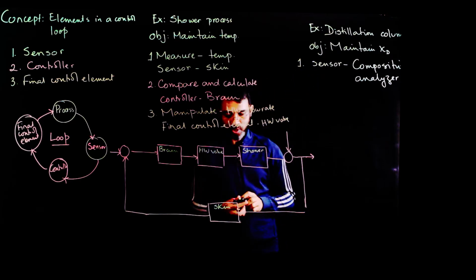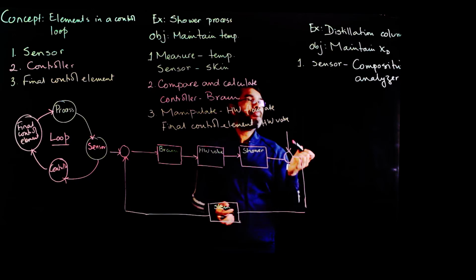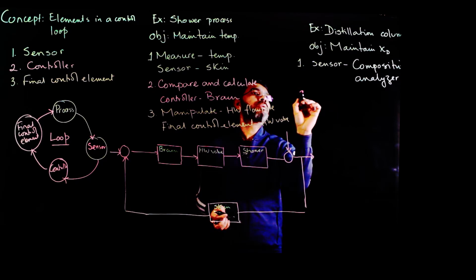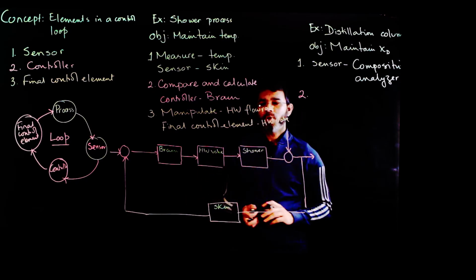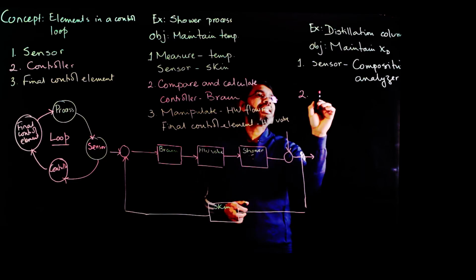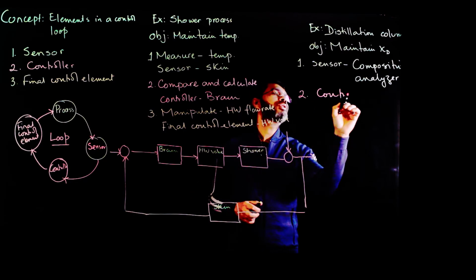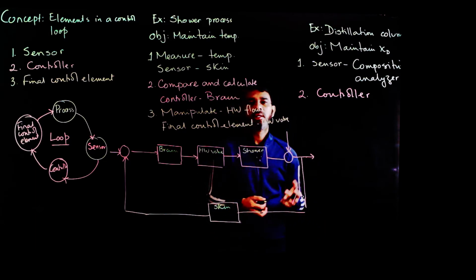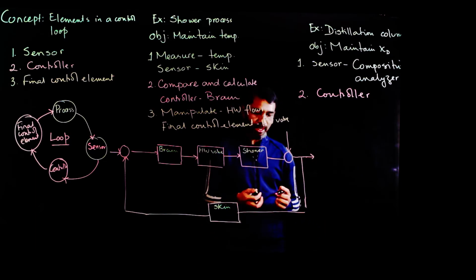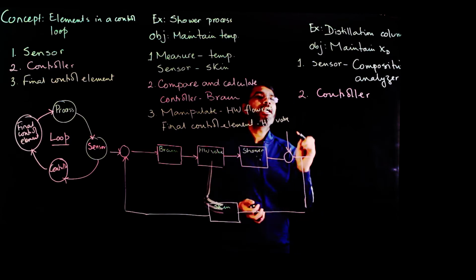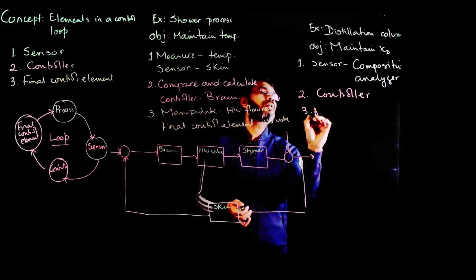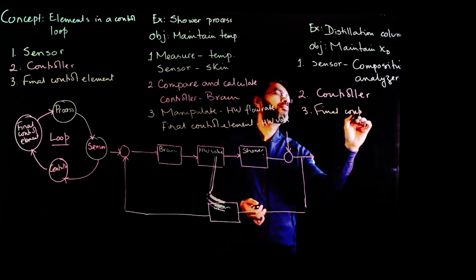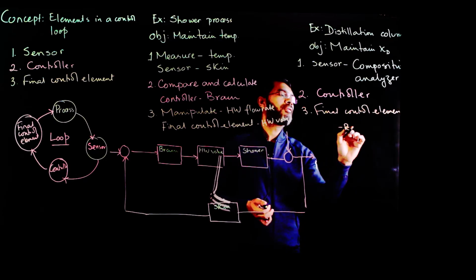So the first step is to measure the composition. Second step is to do some computation and calculation. For this case, we'll use the generic name controller, because when you put in automated control, the controller part is named as the controller. The third is the final control element, which is the reflux valve.